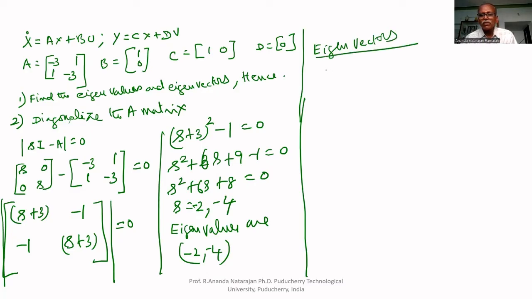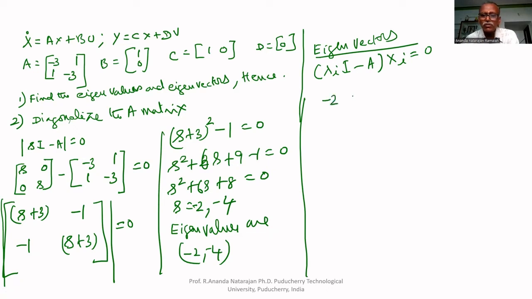Eigenvectors are the solution of lambda I minus A times xi equal to 0. Lambda I means the first value is minus 2.